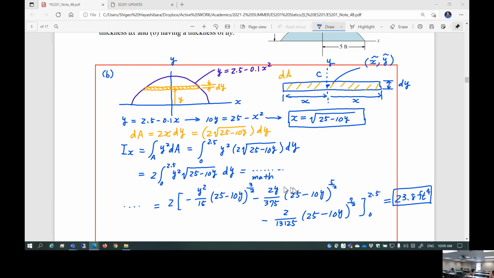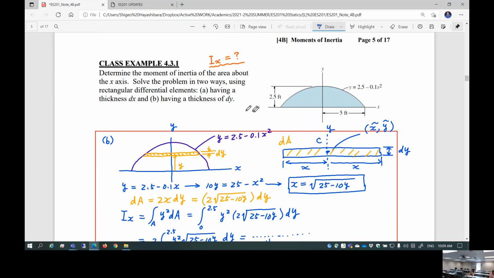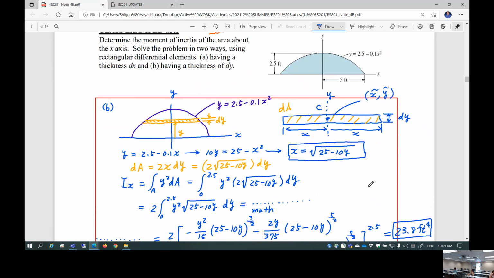Like I said, I didn't do this kind of math, I just used the software. So I would actually recommend you explore the symbolic math toolbox since you have free access to it. It's part of your tuition, so please use it. Okay? Before we move on to part A, you can actually do the similar thing, but now having a thickness of dx taken and then integrate in the direction of x.